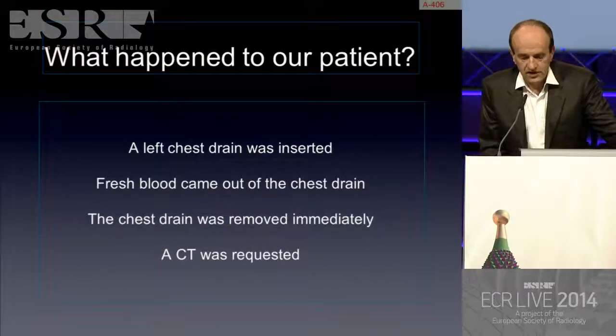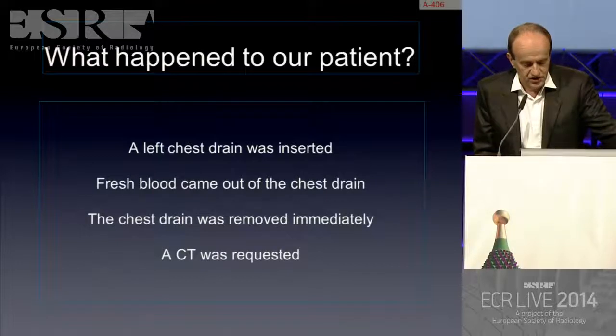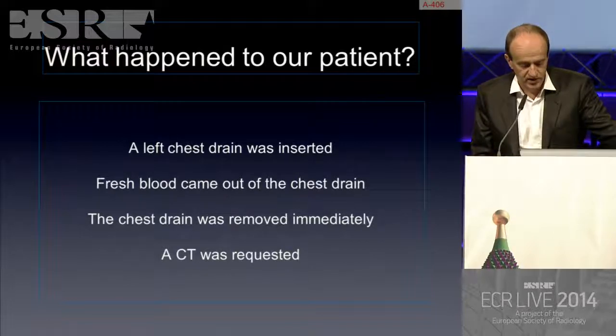This was not correctly analyzed. A left chest drain was inserted. The emergency physician had fresh blood coming out of the drain. He then requested a CT, but prior to the CT, removed the drain.